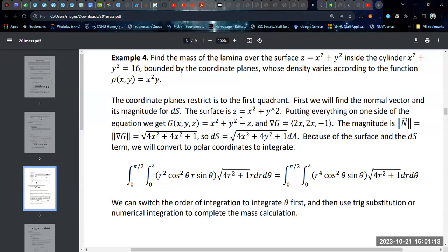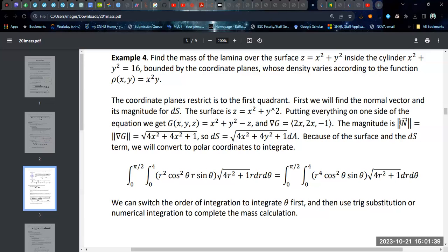So z gets moved over, and then we find the derivative for x, the derivative for y, and the derivative for z, and that gives us 2x for x, 2y for y (sorry, that was a typo, I fixed it down here), and then the derivative for z, which is -1.